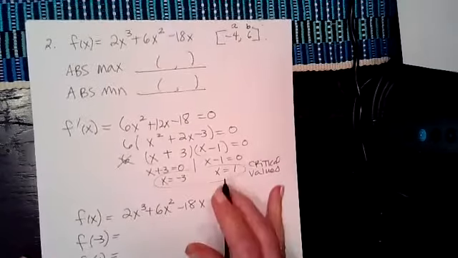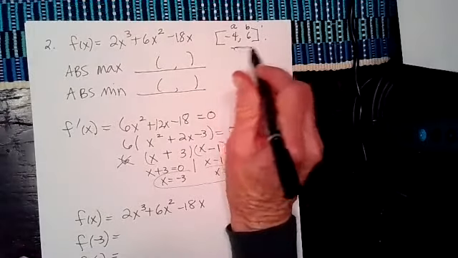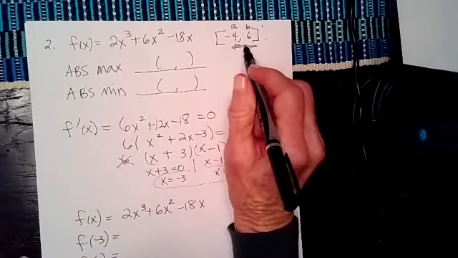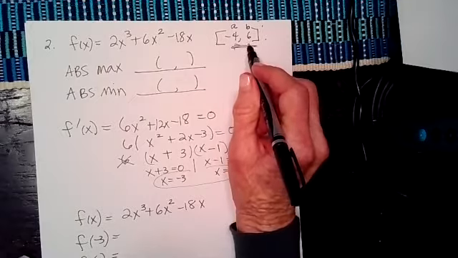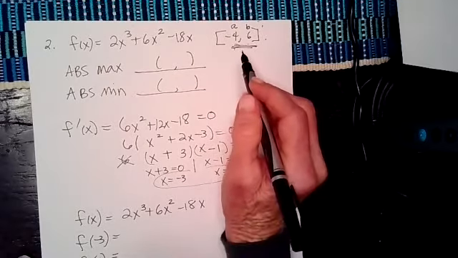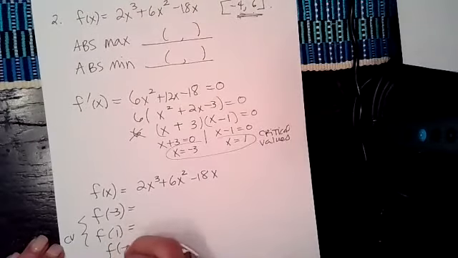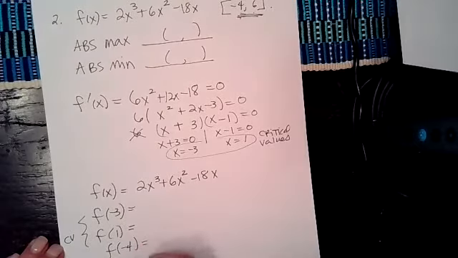So f of -4 and f of 6, and I'm getting those numbers from up here because the absolute maximum occurs either at critical values or at your endpoints, okay? So these are my critical values, and then f of -4 and f of 6, and these are my endpoints.